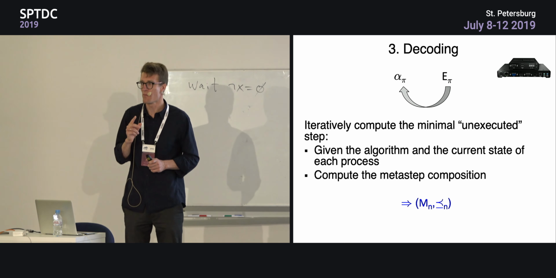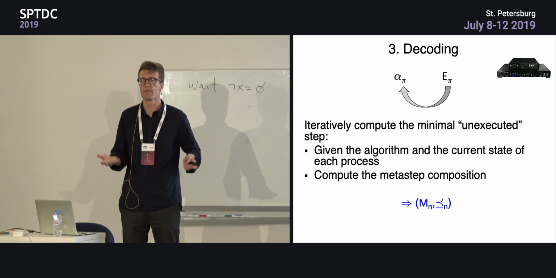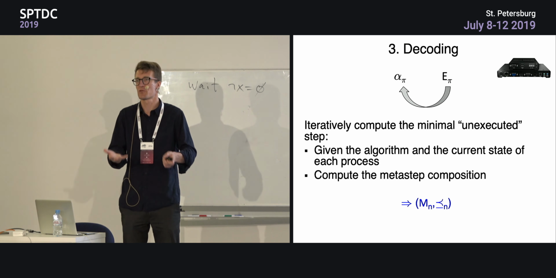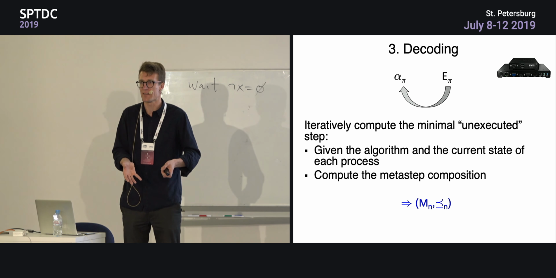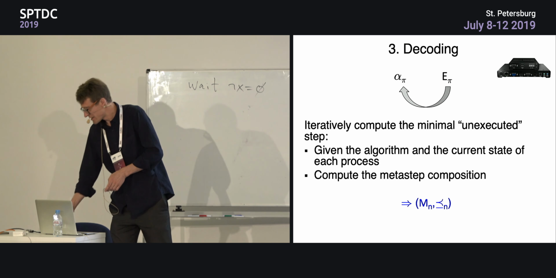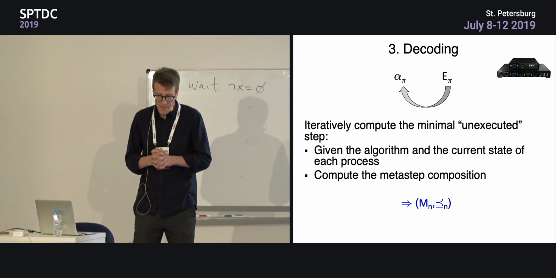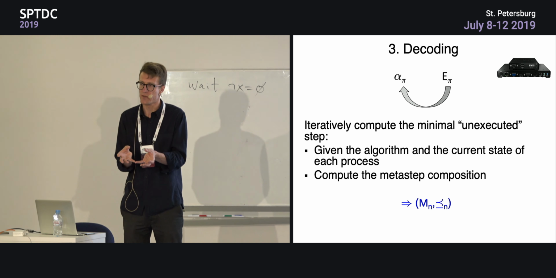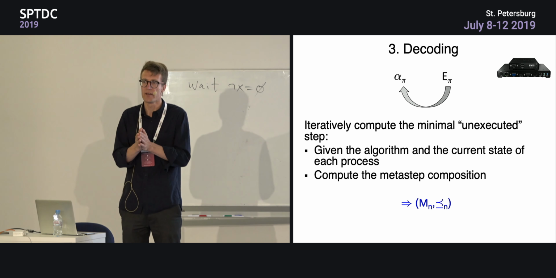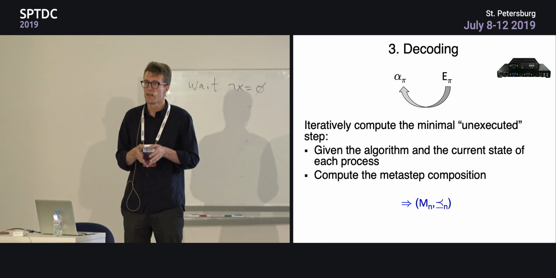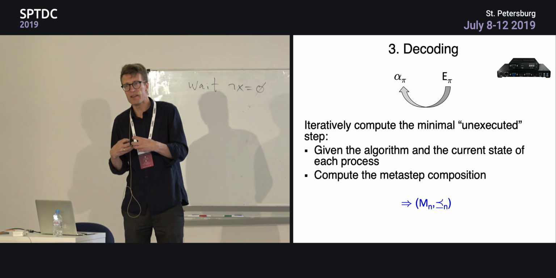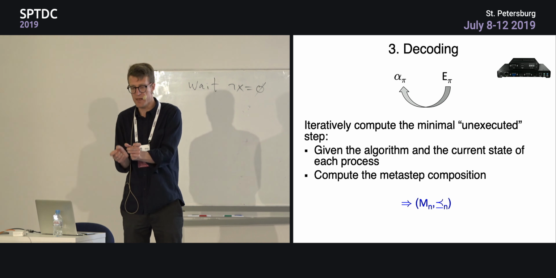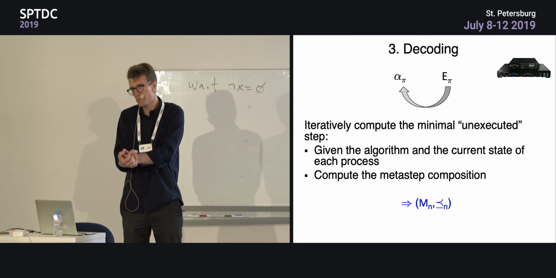I guess we would need maybe a couple more hours just to focus on this and understand it. But the intuition here is that, having this sophisticated class of executions with a lot of contention, with meta steps which contribute a lot to the complexity, you can represent this in a binary string where each meta step takes a proportional number of bits.